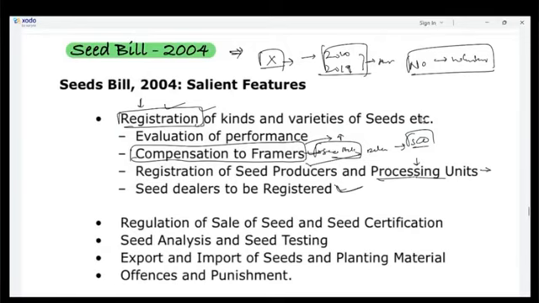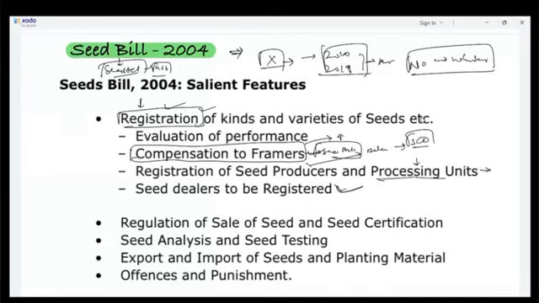So it is covered in the seed bill, and the seed bill was brought to the government to replace the Seed Act 1966. Why? Because when the Seed Act was formulated, it was in accordance with the conditions prevailing at that time. Since there has been a lot of development, upgradation and improvement, and the current status of the seed industry is very different from what it was in the last century, there is a need to change the legislation or bring amendments to it.